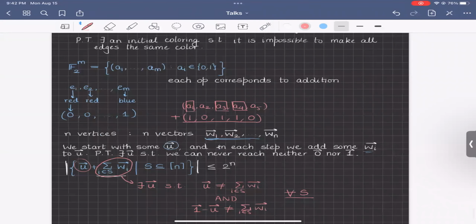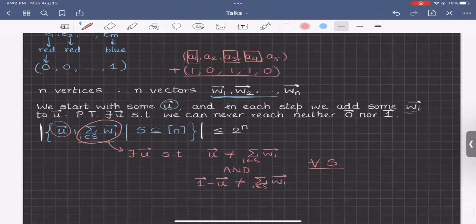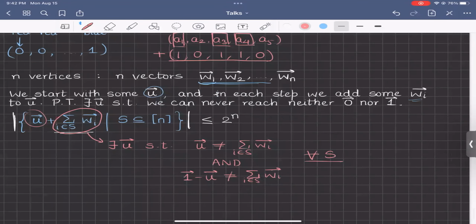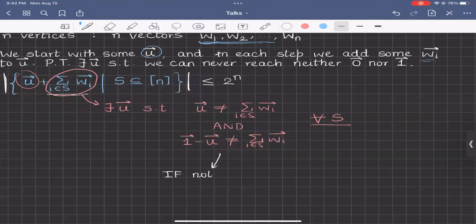Yeah, you're right. So the point is that if this were not true, then notice that for each vector and its complement, one of them is in this sort of representation.